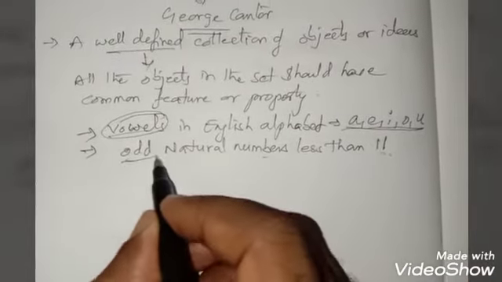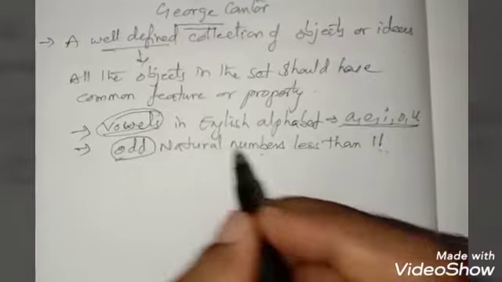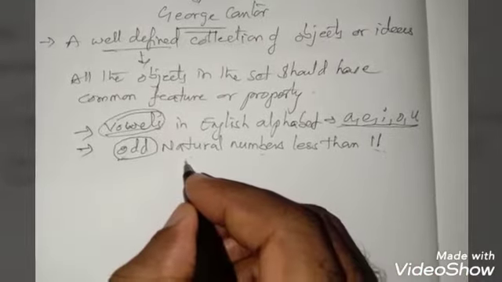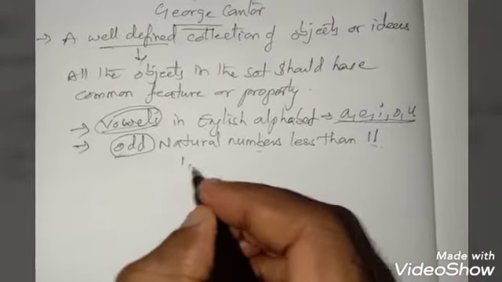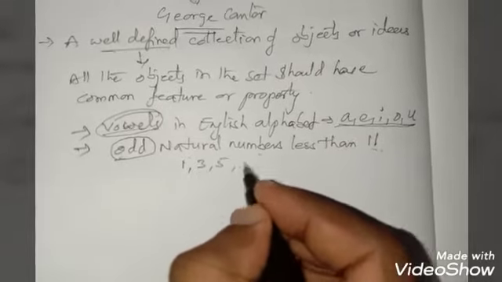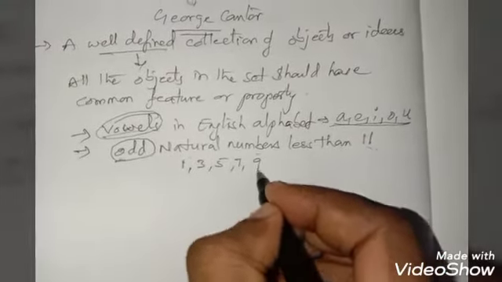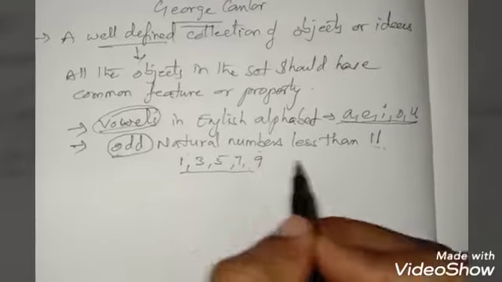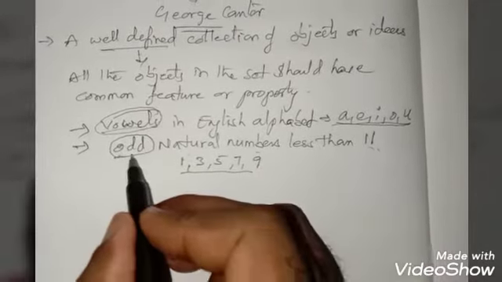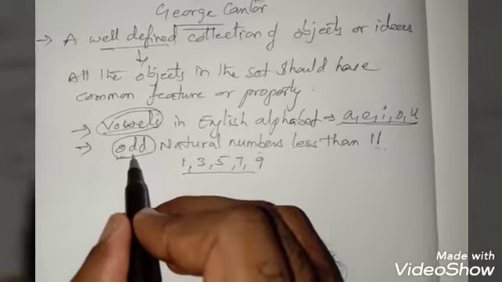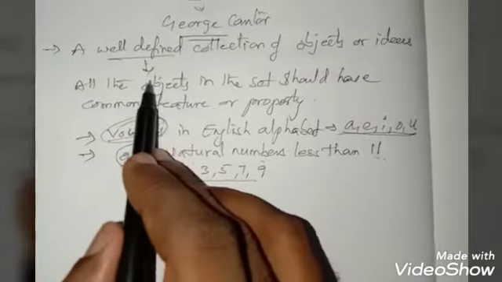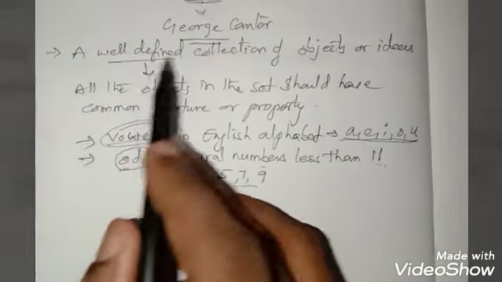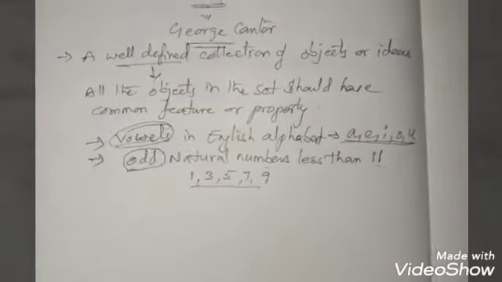So odd is a common feature. Less than 11 means we can write this as 1, 3, 5, 7, 9. These are the numbers which are less than 11 and the common feature is odd. So like this we can define what is well-defined. Right, so hope you understand.